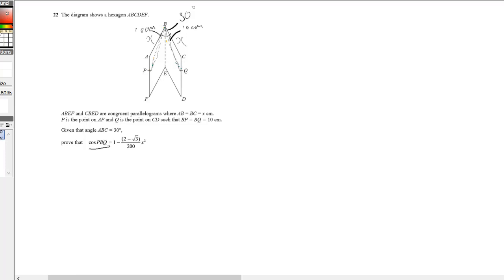Okay, so let's prove it. Let's draw our triangles. So we've got a triangle here. Let's call this ABC. We know that's going to be 30. We know this is x, and this is x here.